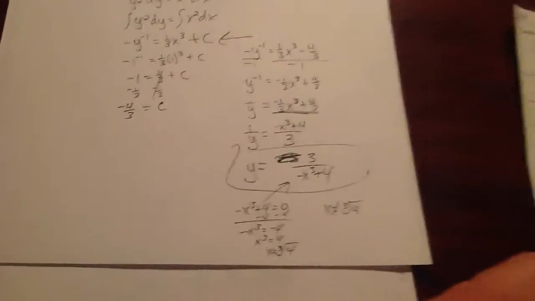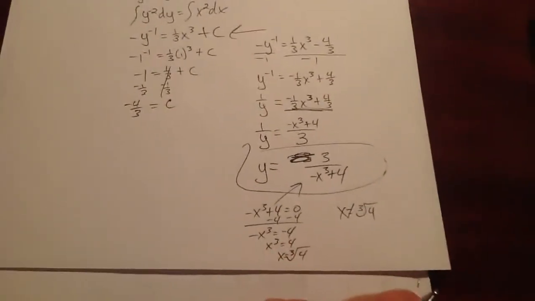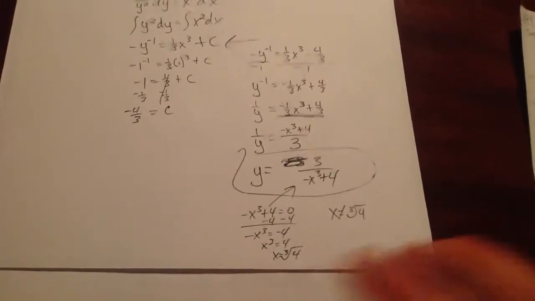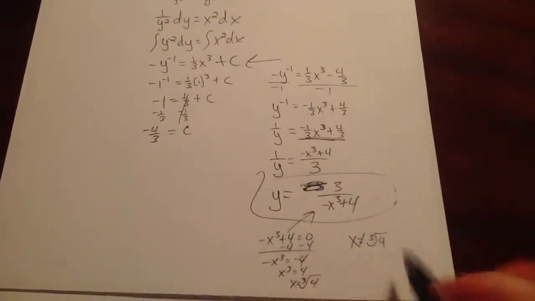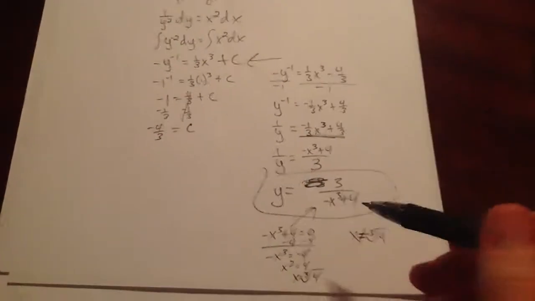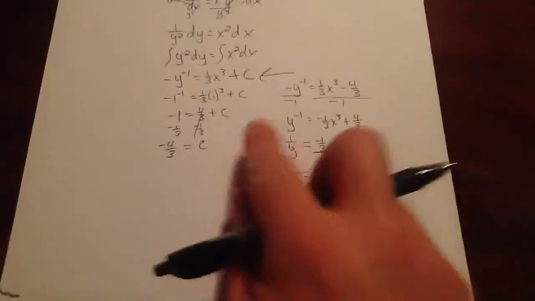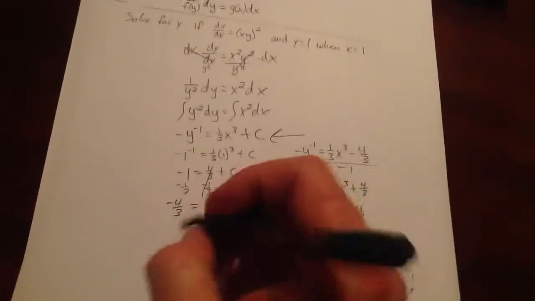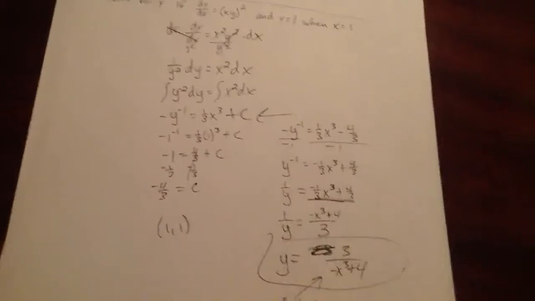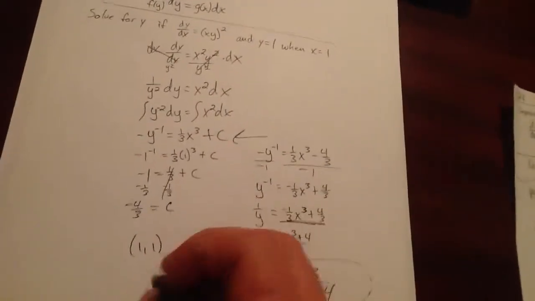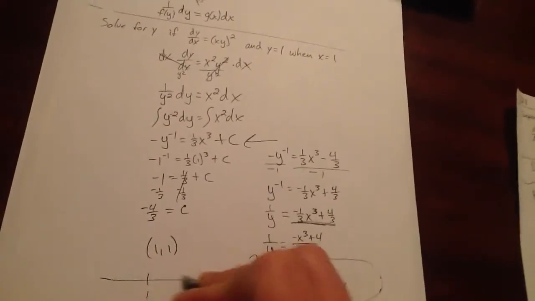So x can't equal the third root of 4. So the domain over which our solution is valid, we know 1 is a point. Think of a number line, here's 1.